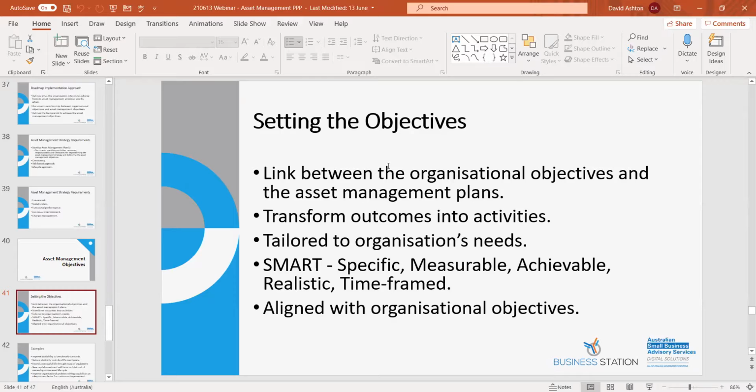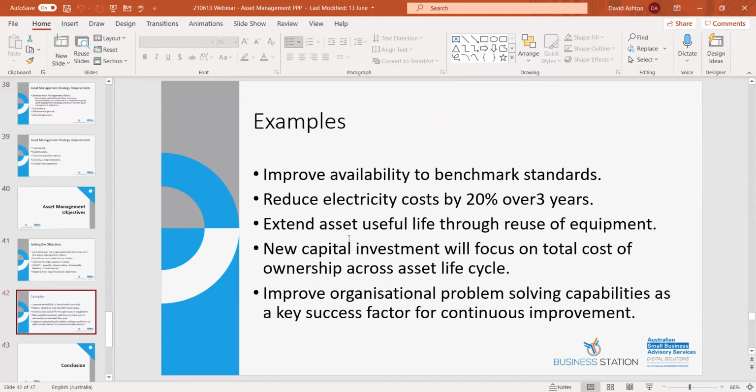They must be SMART: specific, measurable, achievable, realistic and time-framed, and again, aligned with the organisational objectives. I've just got a couple of examples there. So you might want to reduce electricity costs, extend asset useful life, new capital investment, improve organisational problem solving. So, set some objectives around those sorts of things.